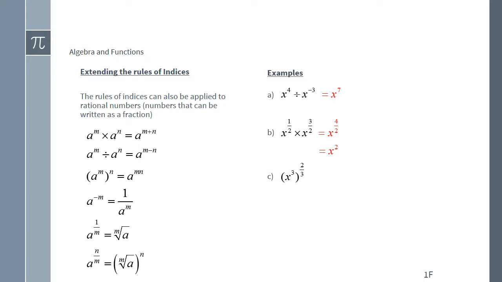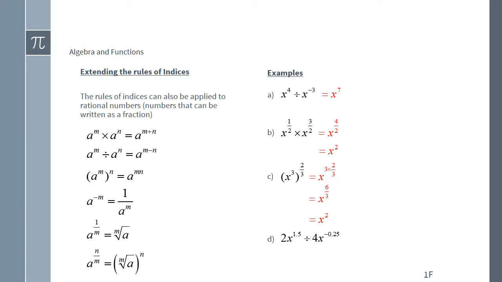x to the 3 to the power 2/3, the third rule, so it's 3 times 2/3, 6 over 3, x squared, simplified again. 2x to the 1.5 divided by 4x to the minus 0.25: big numbers first, 2 divided by 4 is 0.5 or a half.